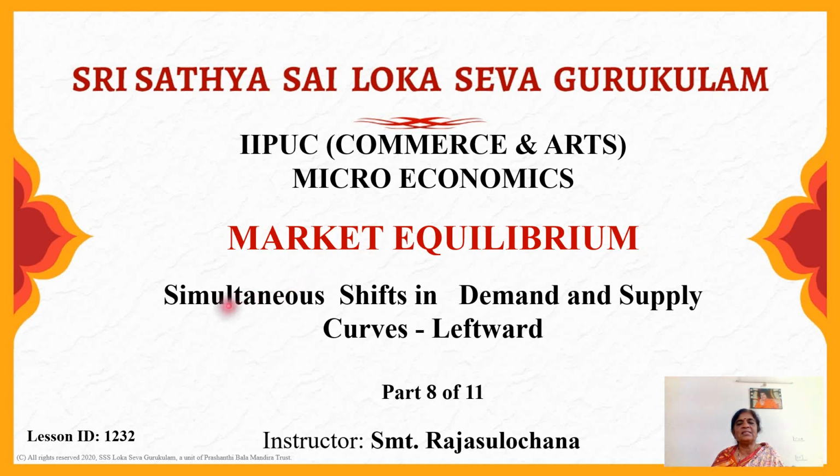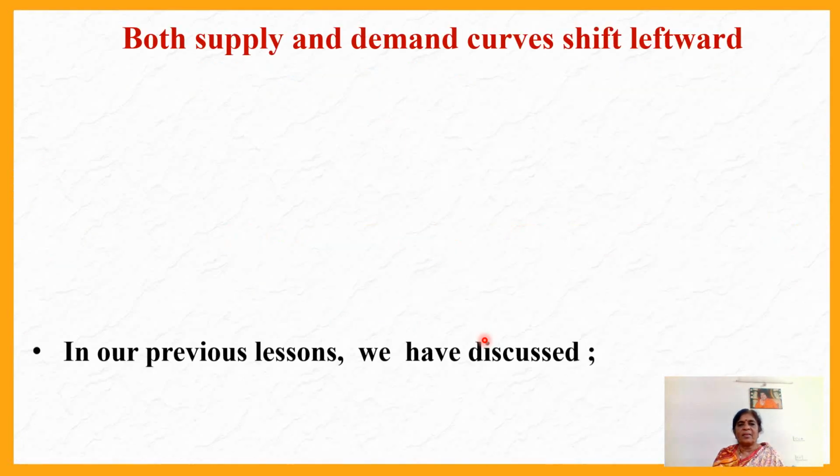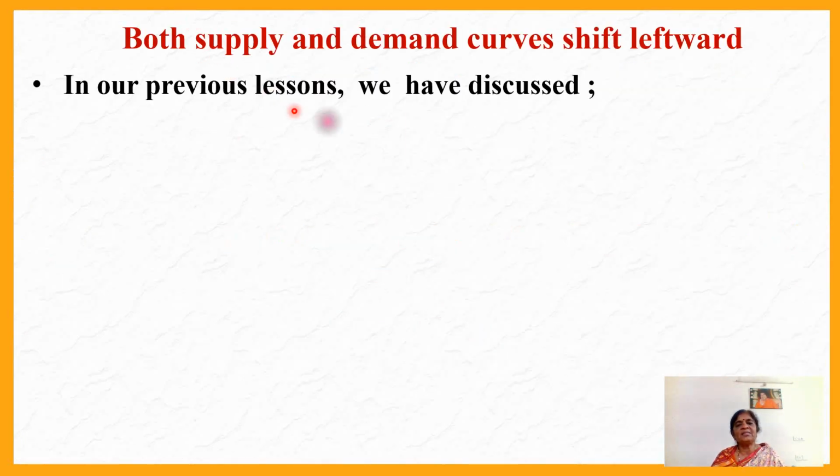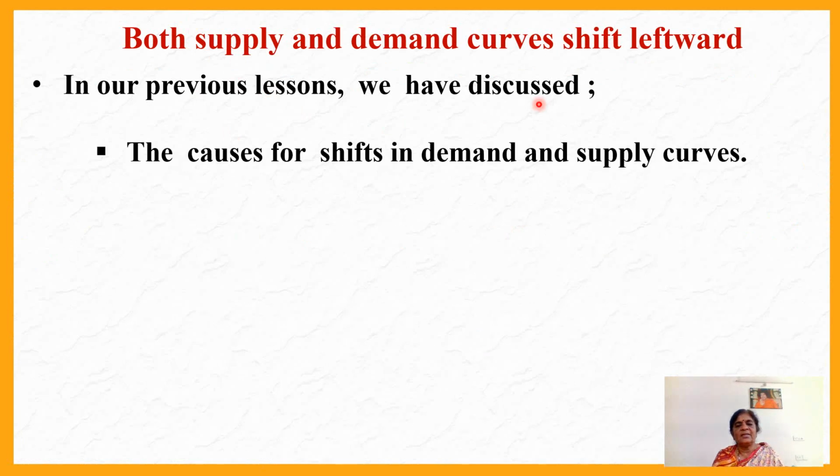Today we are going to discuss the simultaneous shift in demand and supply curves leftward. In our previous lessons, we have discussed the causes for shifts in demand and supply curves. That means, what are the factors which bring shift in demand and supply curves?